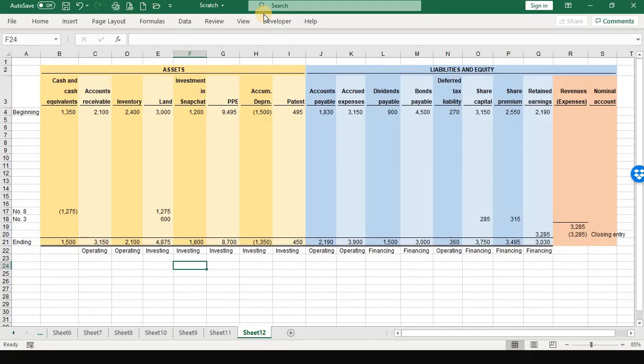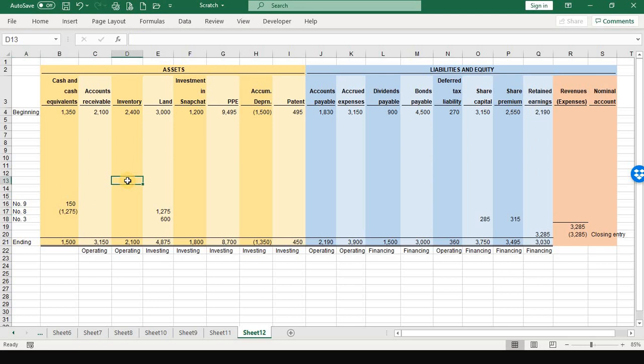So what is the entry of the receipt of dividends? Of course, the account debited is cash for 150 pesos. What is the account credited?